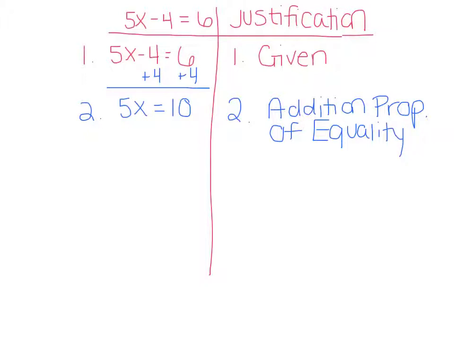You use the addition property of equality to add 4 to both sides to get 5x equals 10. Finally, to solve 5x equals 10, we are going to divide both sides by 5, and we get our third and final step, which is x equals 2. How did we get that third step? Look at your algebraic properties review sheet and try and fill it out yourself.